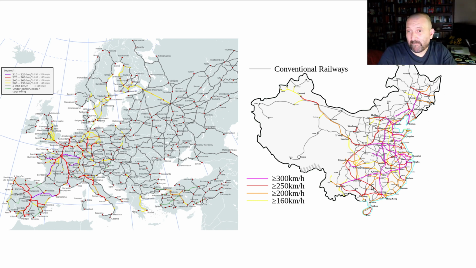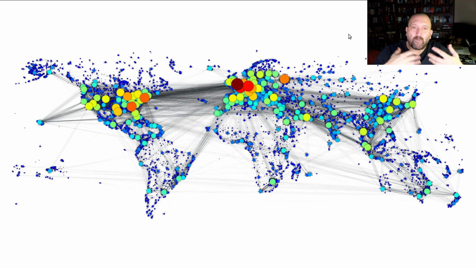So more than 1 billion people on that right-hand side are connected by very high-speed transportation. And on a wider scale, this is the global air transportation network.